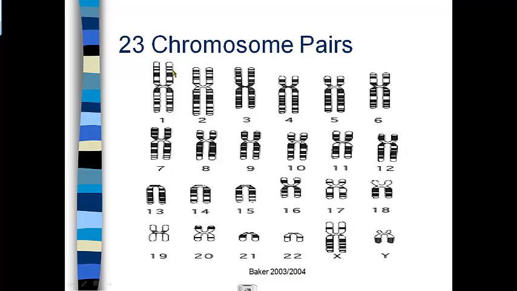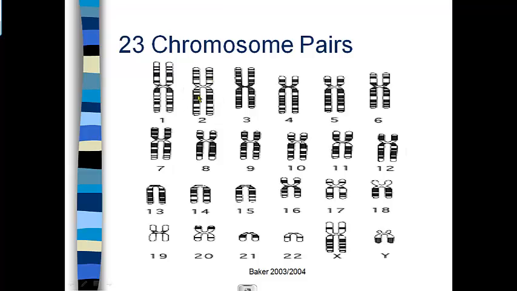Anything from eye color, hair color, blood type, skin color, how hairy you are, whether or not you have long ears or short ears, a long nose or a short nose, stubby fingers or long fingers, big fat big toes or skinny little big toes. You have thousands of traits on here. And again, you get one possibility from your mother and the other from your father, and they work together to determine what that trait will be.